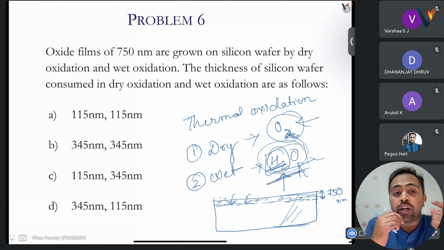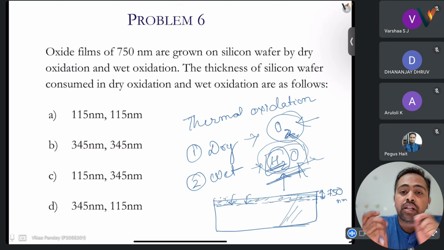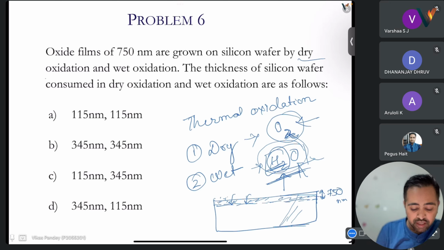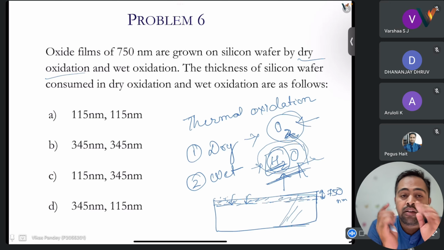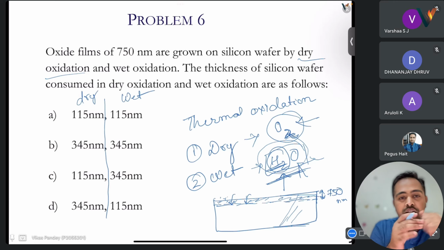What will be the thickness of silicon to create 750 nanometer of oxide using dry oxidation, and what will be the thickness of silicon to create 750 nanometer using wet oxidation? The first value is for dry, the second value is for wet. Can anyone answer?